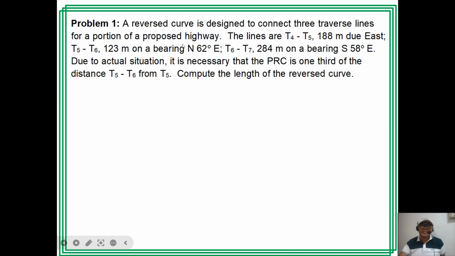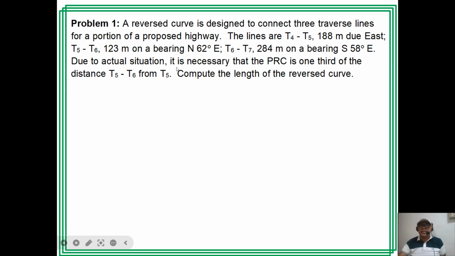Problem number 1. A reverse curve is designed to connect three traverse lines for a portion of a proposed highway. The lines are T4 to T5, 188 meters due east; T5 to T6, 123 meters on a bearing of north 62 degrees east; and T6 to T7, 284 meters on a bearing south 58 degrees east.